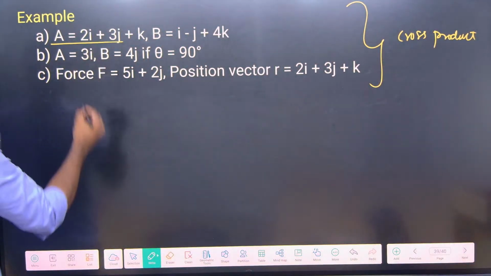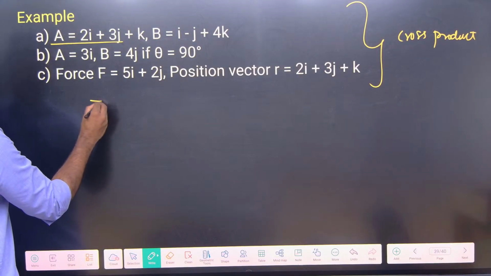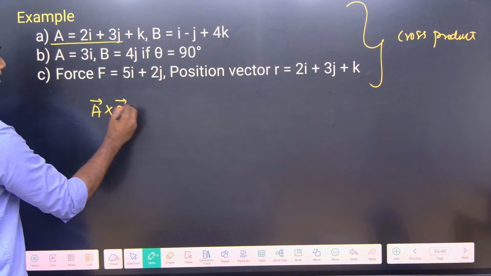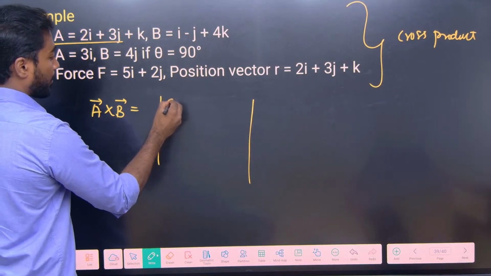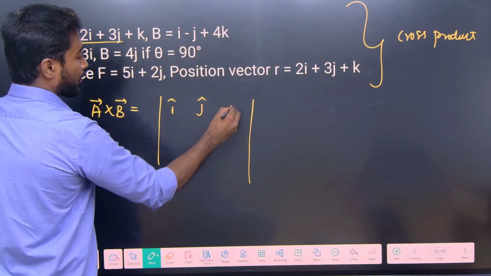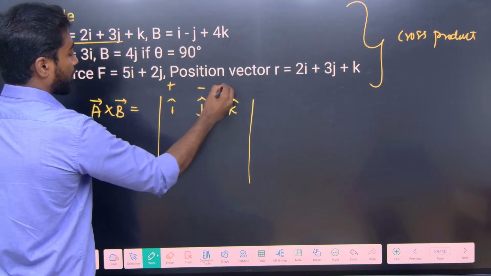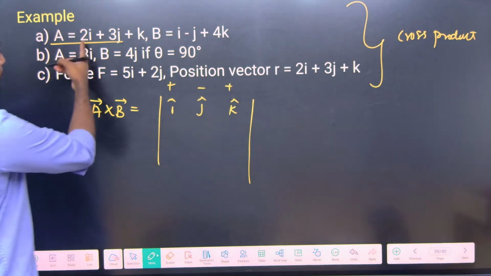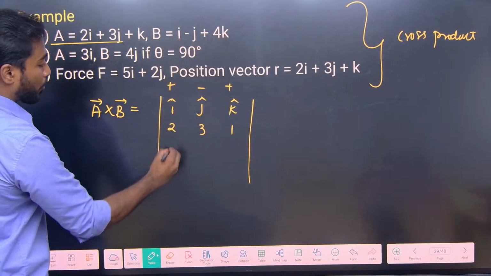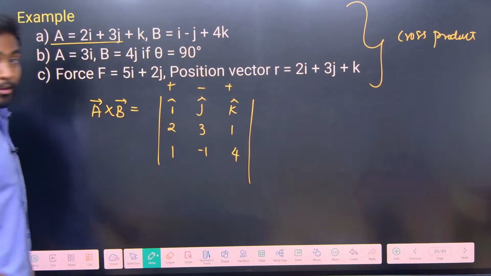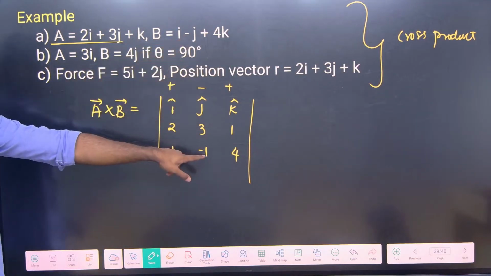Yeah, we will do this one. A cross B will be equal to, same thing, i cap, j cap, k cap, with signs positive, negative and positive. So 2 3 1, 2 3 1, and here it is 1 minus 1 4. I need to take that minus 1 also.